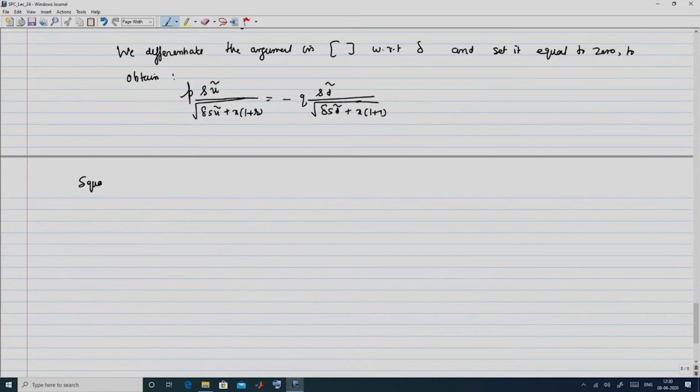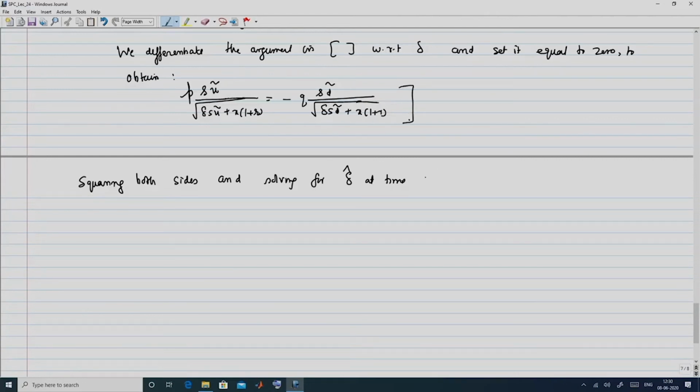So, we square both the sides and solve for delta hat at time t minus 1. Now I can call this delta hat because this delta is the result of the maximization.